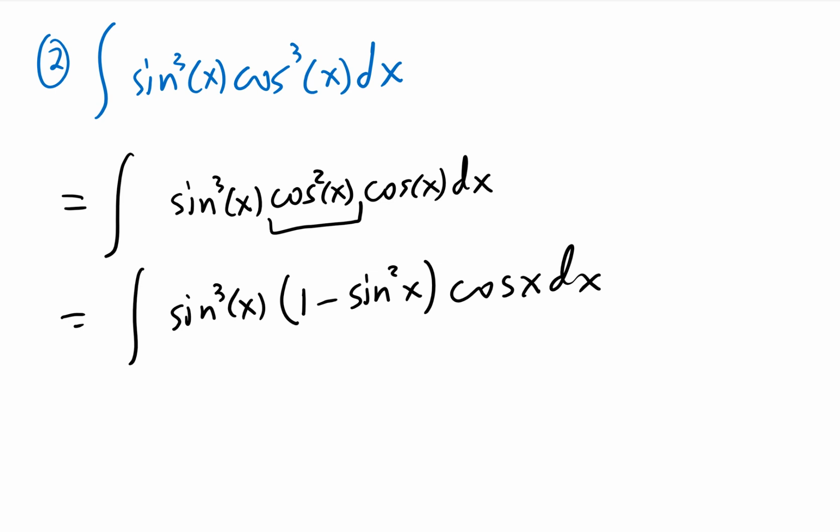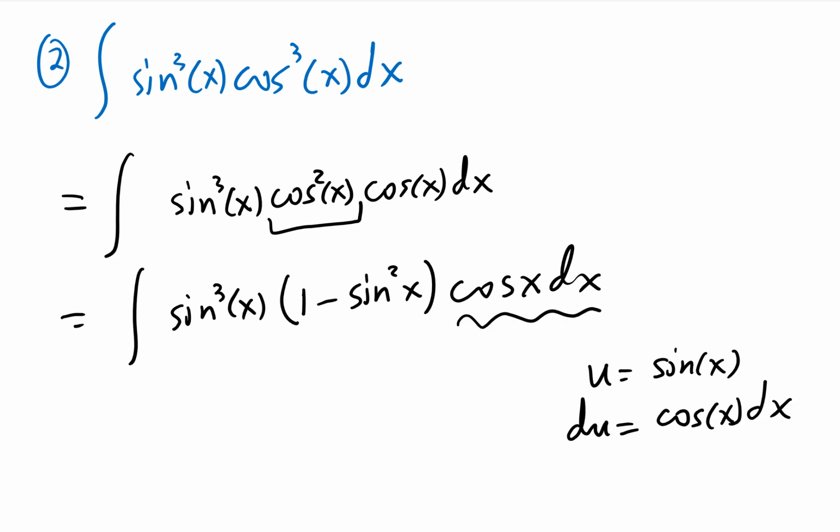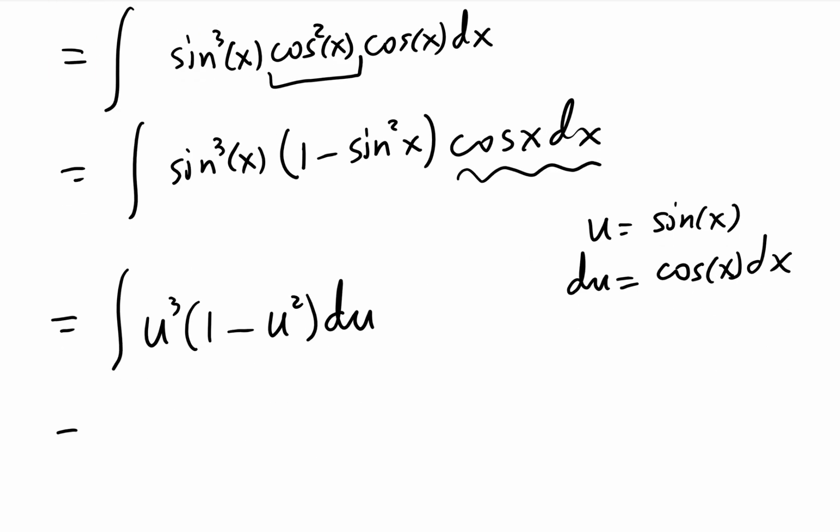Now we use the u sub, u equals sine x. du is cosine x dx. So this part is du. As you can see, it's very easy now.